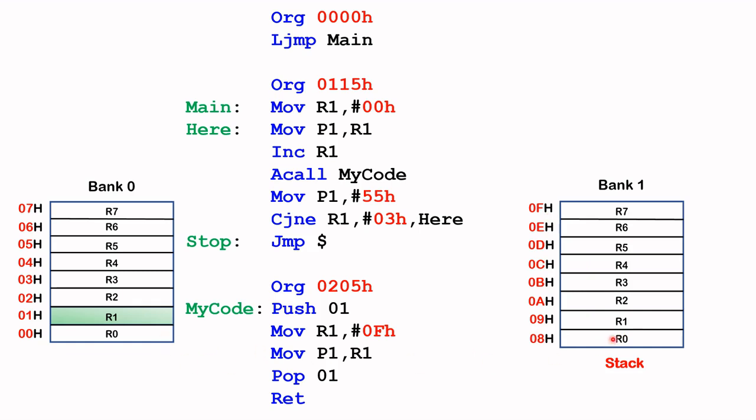Now this is a different R0 from bank 0 because this register 0 here has a location address of 00 hexa, and the whole bank here starting from this point, it stretches all the way up to 07 hexa.